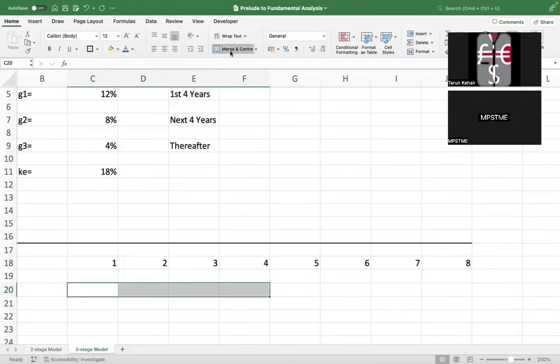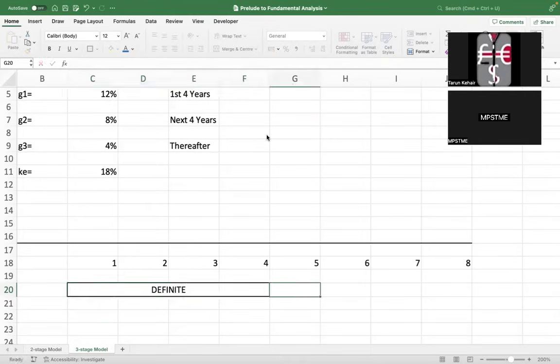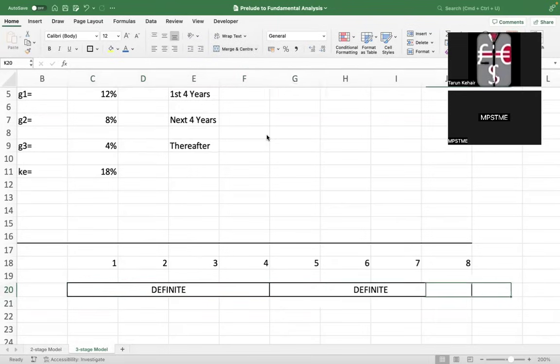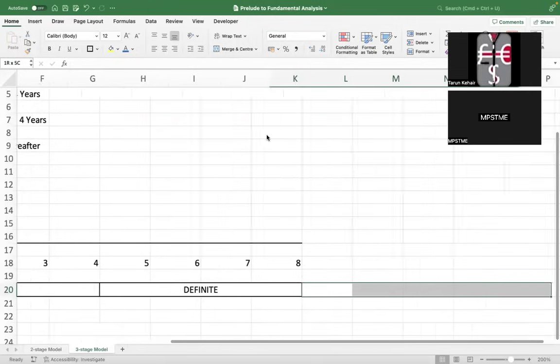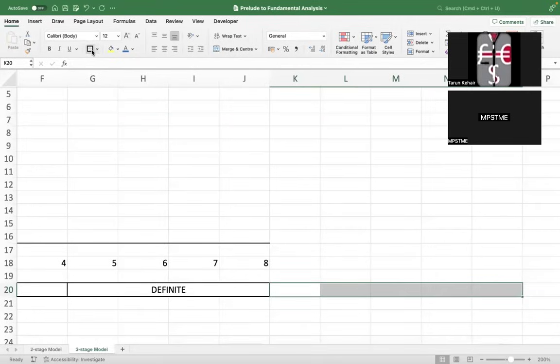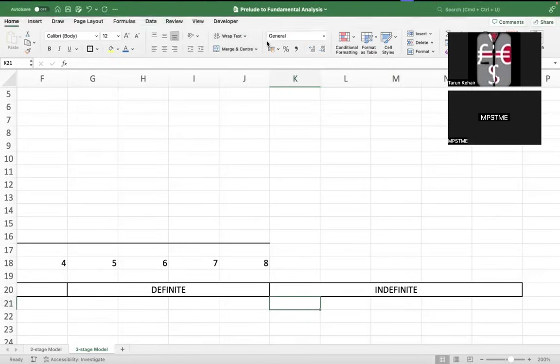What kind of a phase is this? This is a definite phase. The next 4 years is also a definite phase, and thereafter we will have the indefinite phase. Why indefinite? Because the time frame is not really specified. Is it okay?